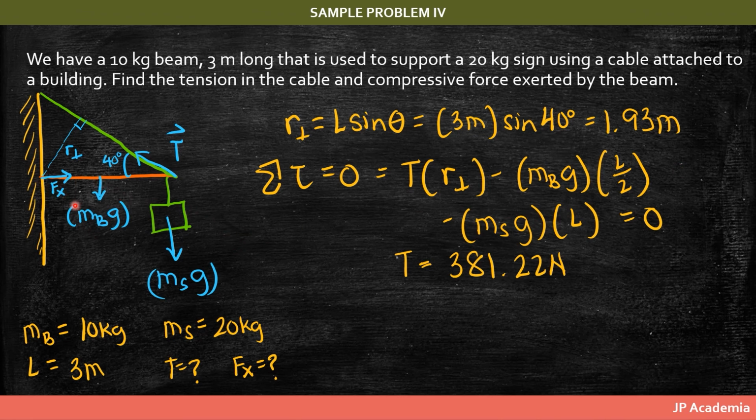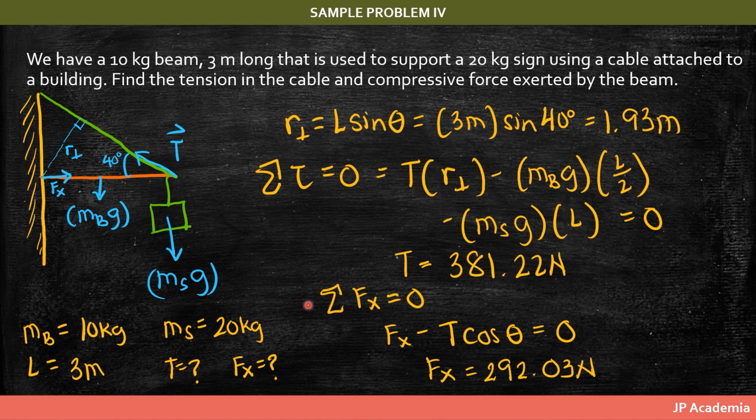Then it produces, of course, a clockwise rotation, and therefore we have a negative torque, unlike your tension, which produces a counterclockwise rotation. So last, we have this mass m, or our sign, and we have this weight m s g times the length L. It is located at the end of our beam, and this is equal to 0. And therefore, we have the following values. We can get the value of our tension, which is equal to 381.22 newtons.